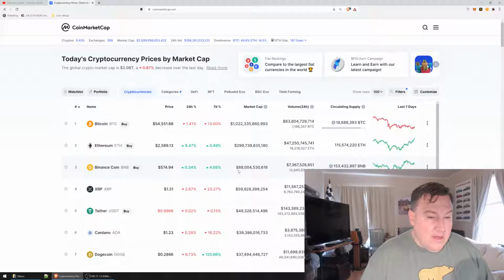And this website is conscientious enough not to just allow coins to be added at random. And a Ray coin at $2 trillion, there's pretty much nothing I can do to convince this website to add me there.